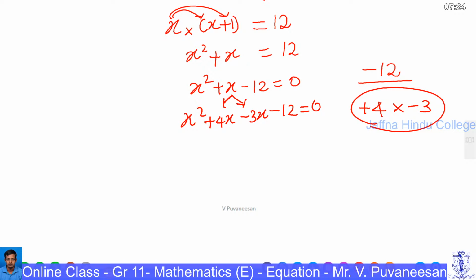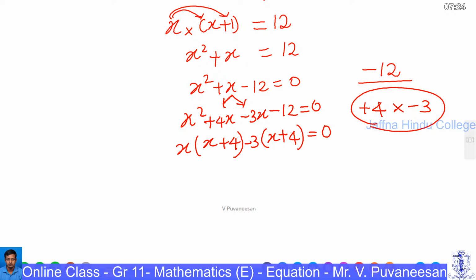Here we can take out x, giving x into x plus 4. In the last two terms, we can take minus 3 out: minus 3 into x, and minus 3 into plus 4 is minus 12. So minus 3 into x plus 4 equals 0.